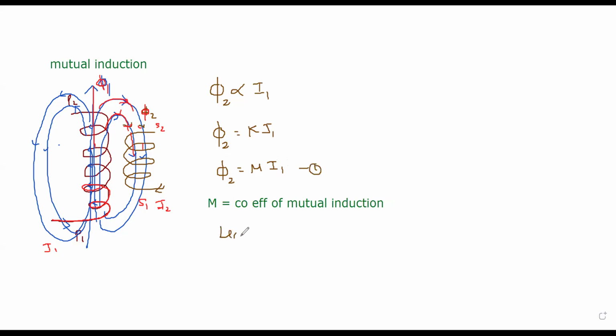What is Lenz's law? E is equal to minus d phi by dt. Since we are dealing with the second flux, it is E2.